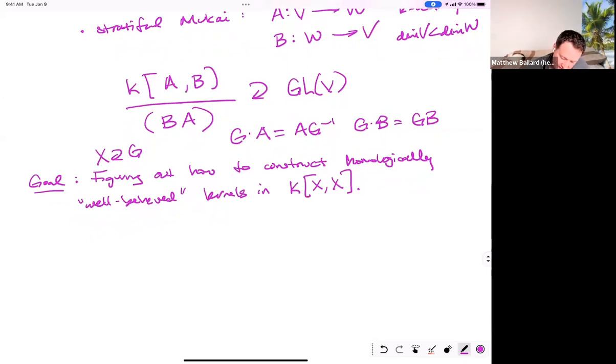And I should note that there has been a lot of deep and interesting work that goes into figuring out equivalences in general: when are two GIT quotients equivalent as I vary the choice of stability parameter.